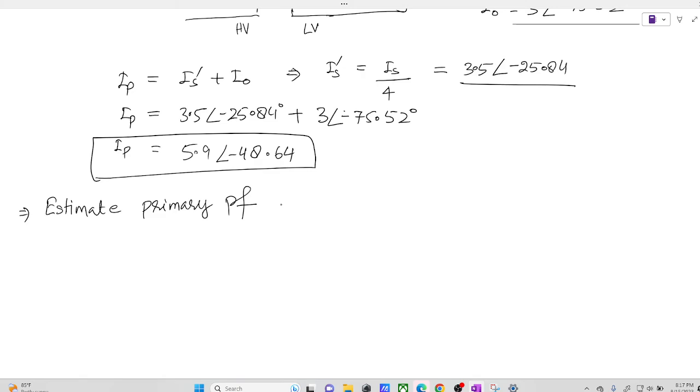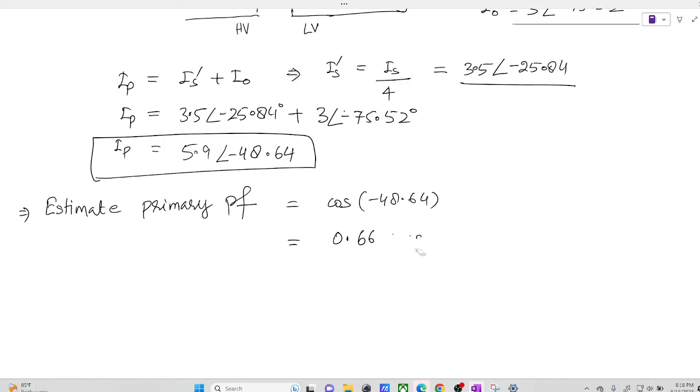Yes, but it is important to say that cos of minus 48.64 is 0.6627, so it is 0.66.